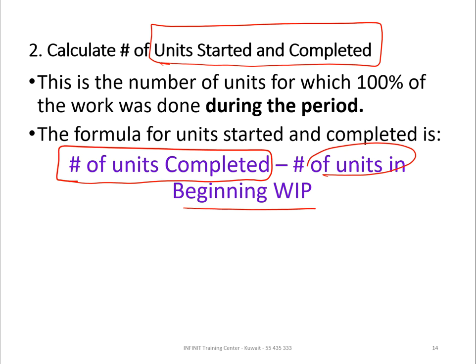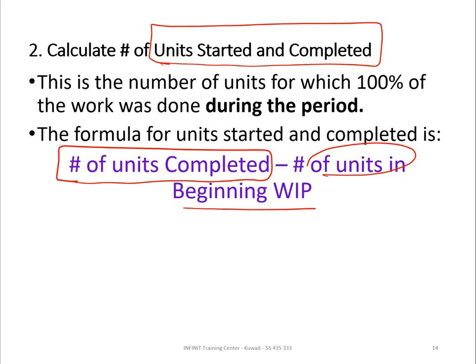This we should know. Later we will understand, maybe we will be dealing with the different layers of costing and all. So we have to know how many units were started and completed. So two things we know now: how many units we worked on, and how many units we started and completed during the period.